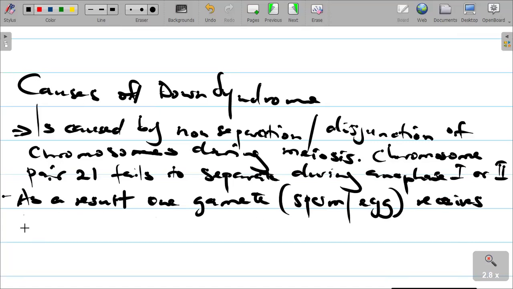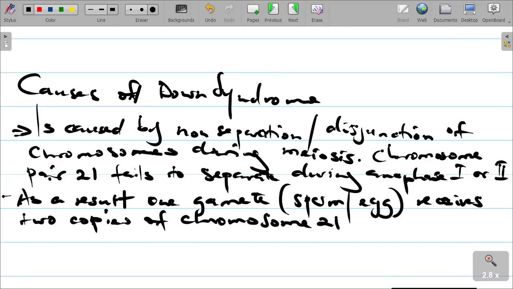It receives 2 copies of chromosome 21, and obviously the other will have none.